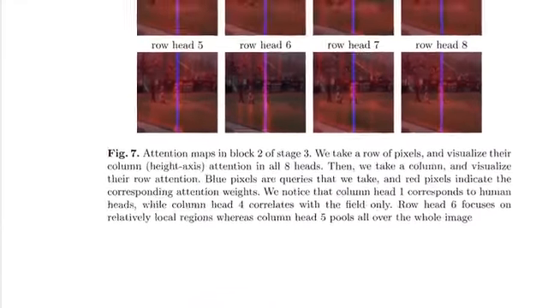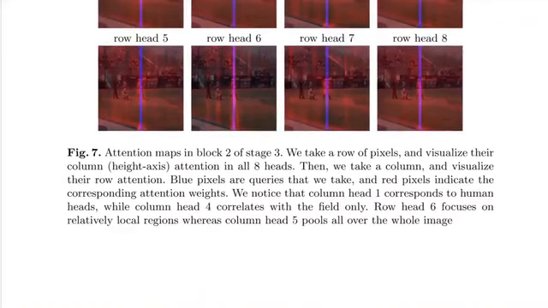Now their description here is that we notice that column head 1 corresponds to human heads, while column head 4 correlates with the field only, which you can interpret as this. This seemed pretty clear. But then they say something like row head 6 focuses on relatively local regions, where column head 5 pools all over the image.